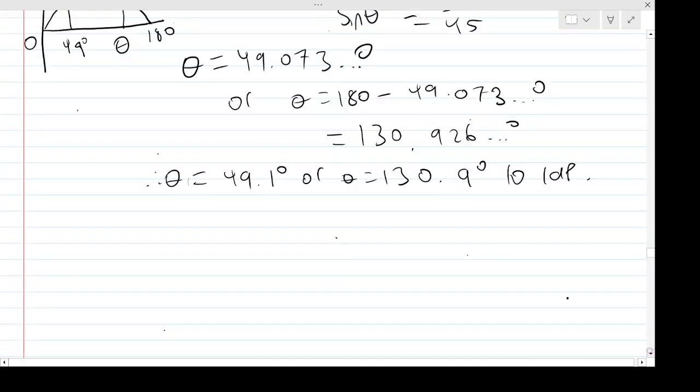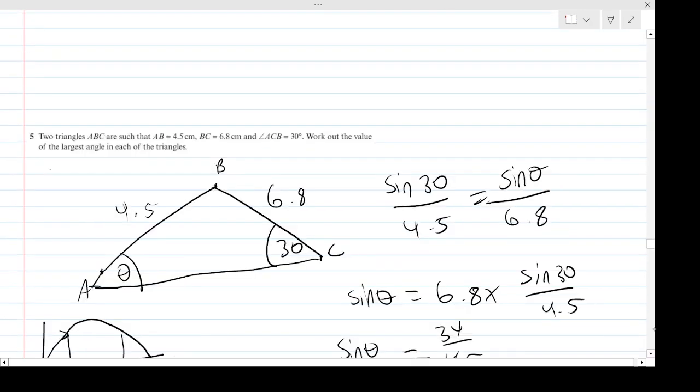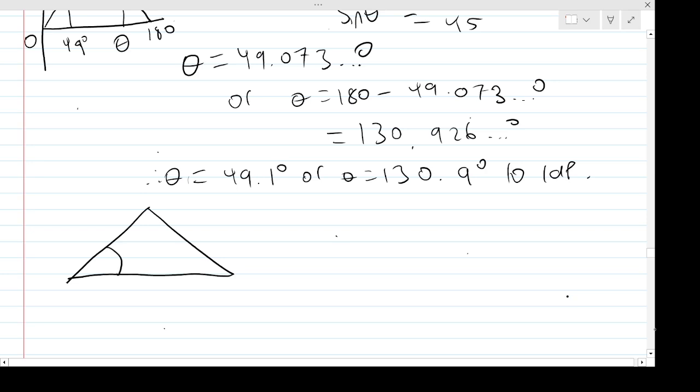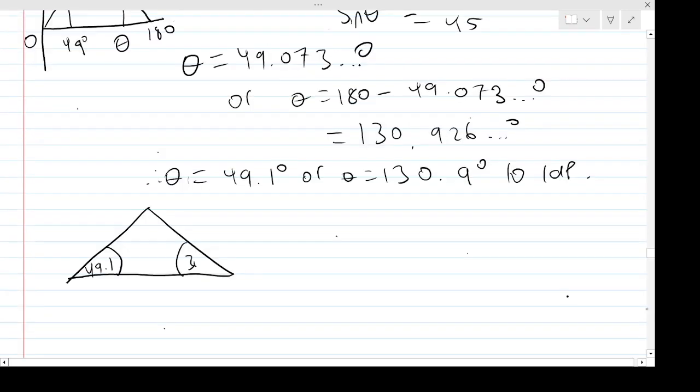If I draw that triangle again, something like that, right? So this angle theta would be 49.1. And the other angle is 30 here at C. If I label it CAB.